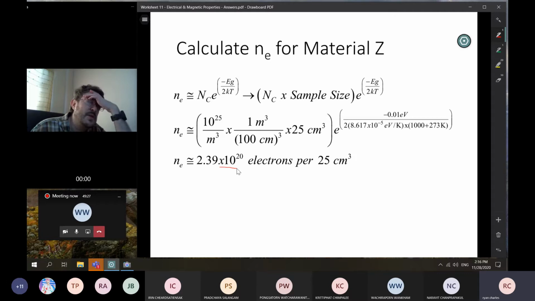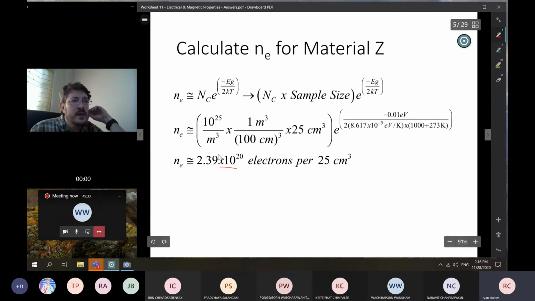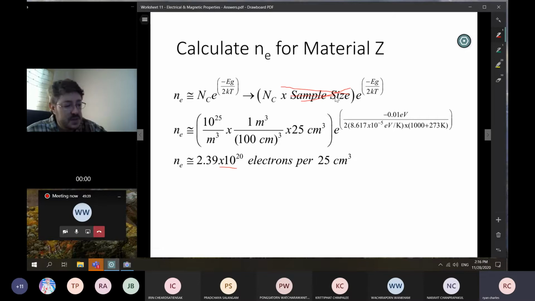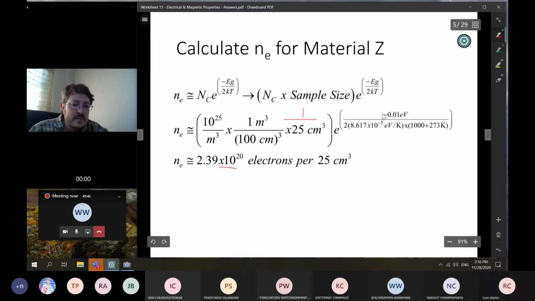So there were 3 main problems I ran into when grading this. Some of you ignored sample size and you calculated it per meter, which wasn't the question. Some of you recognized this, but you divided it by 25, which again, was the wrong way to do that. And some of you thought this was negative 25.